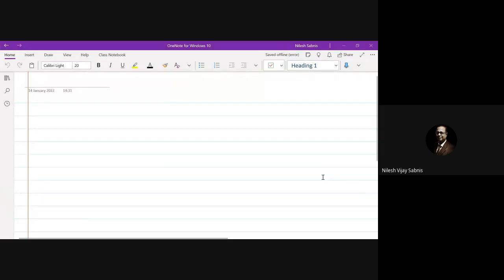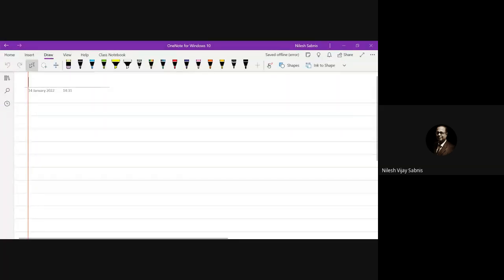Then the next point is pressure drag and friction drag.